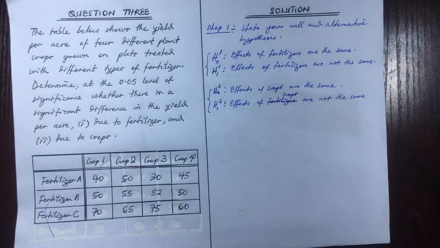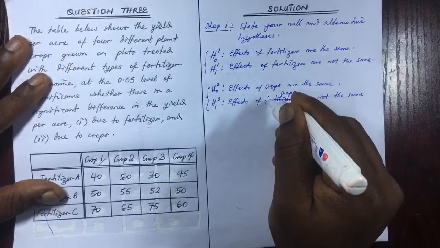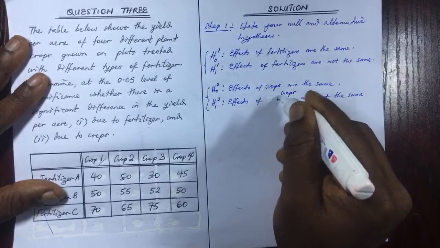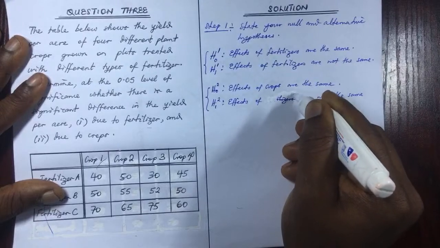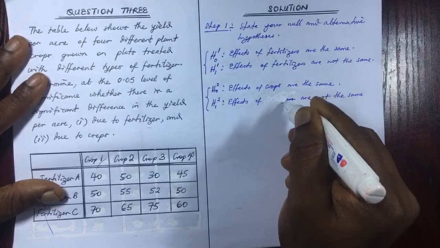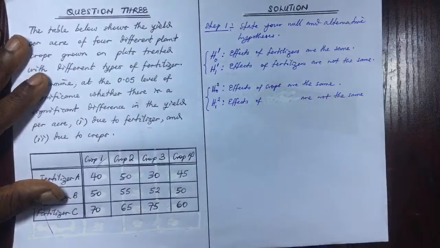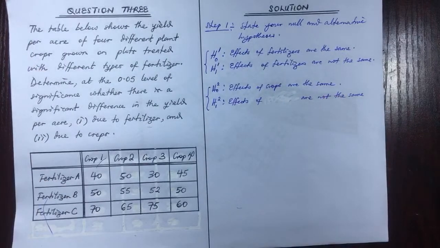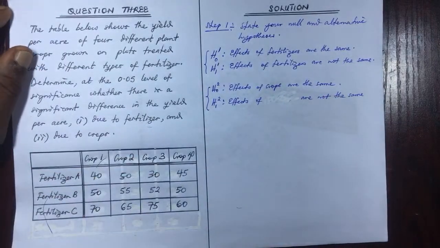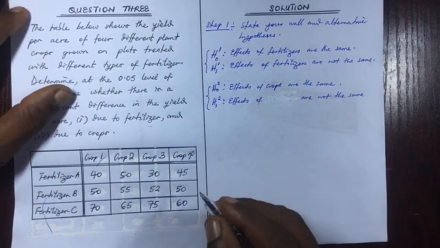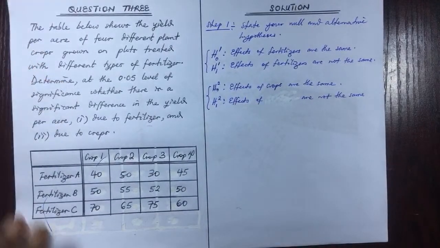I'll quickly correct that with my correction pen. Let that dry up. Now, once you are done stating your hypotheses, you would move over to step 2.